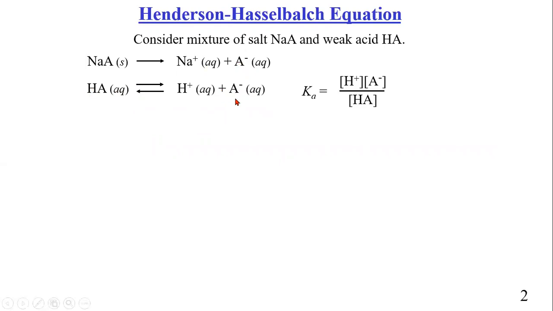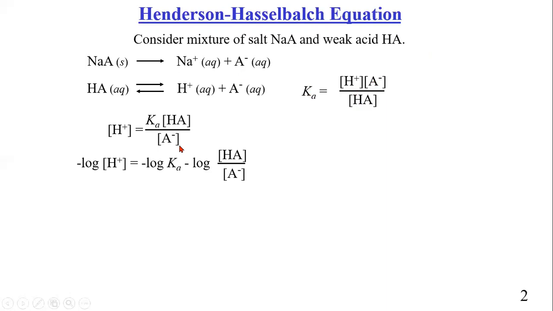So the A- will be C0 in my solution. Thus, whenever I calculate Ka now, I actually already have some HA and I already have A-. And that is why we can do this derivation, because I have both HA and A-, and thus I can solve for H+.